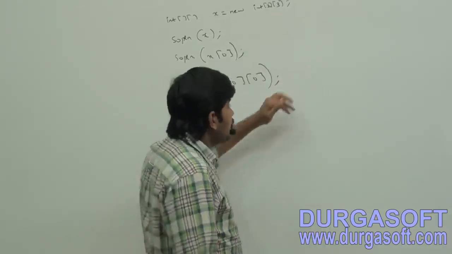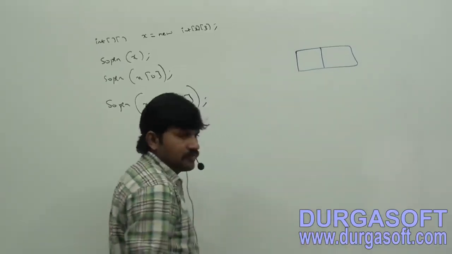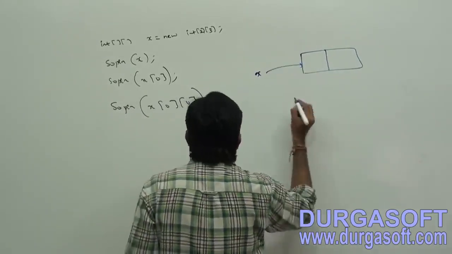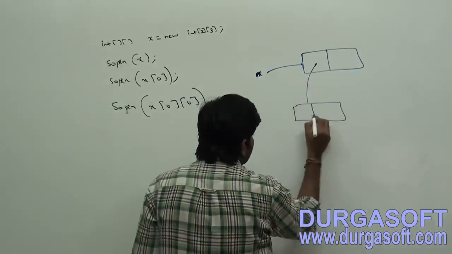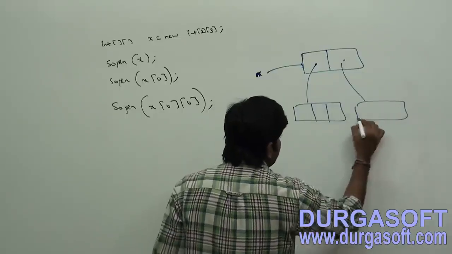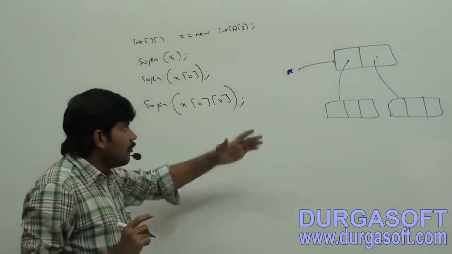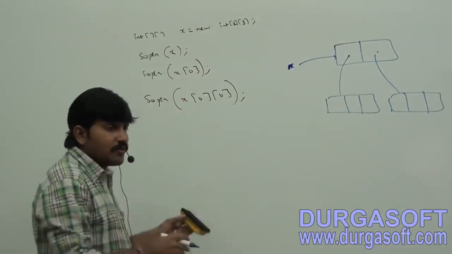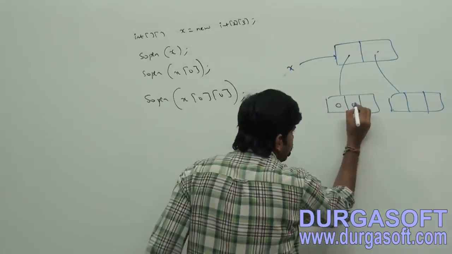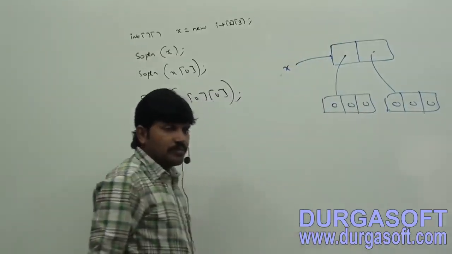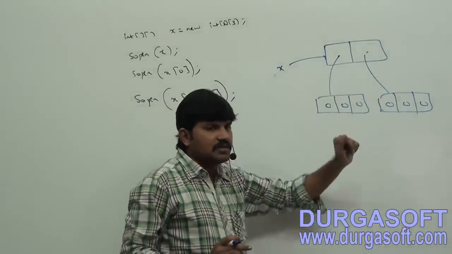Two dimensions, where base size is 2. x has base size 2, and x of 0 has size 3. Once we create an array, every array element is by default initialized with the default values, 0 0 0 0 0 0.